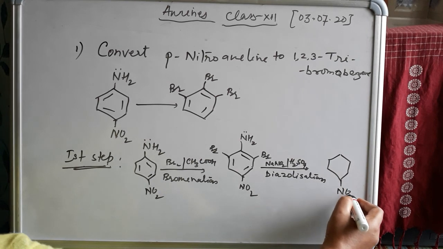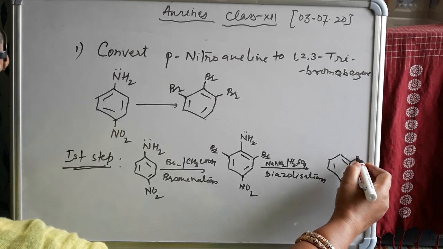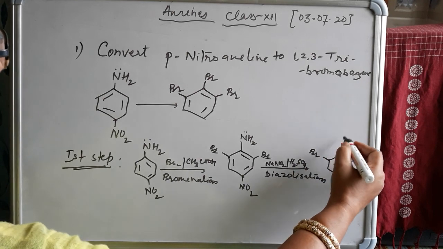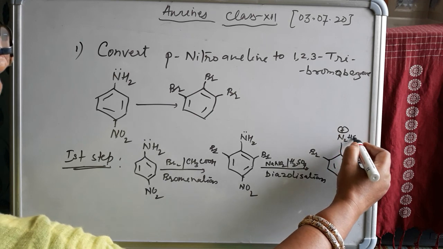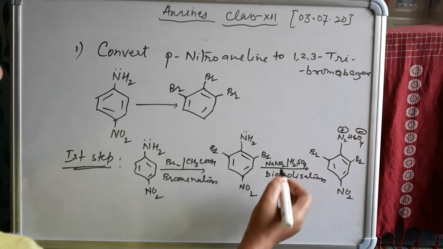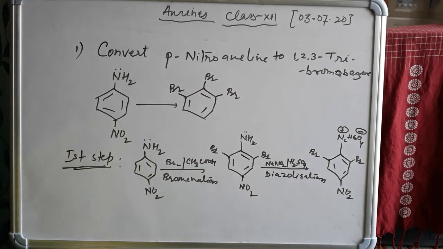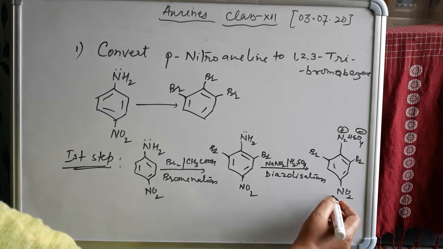Here nitro, here the bromine, here also the bromine, and here N2 plus charge and HSO4 minus. So hydrogen from here, and some removal of the compound takes place, and the formation of this compound takes place. What happens next?